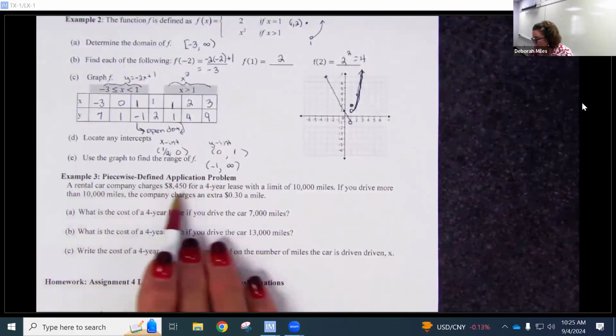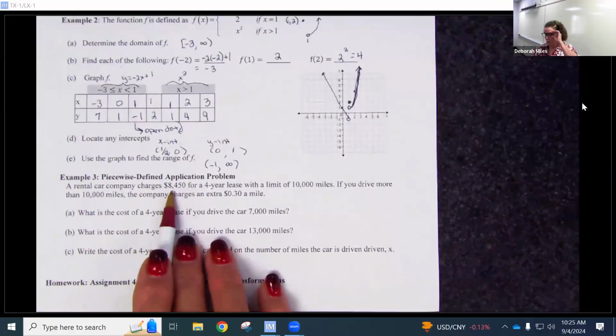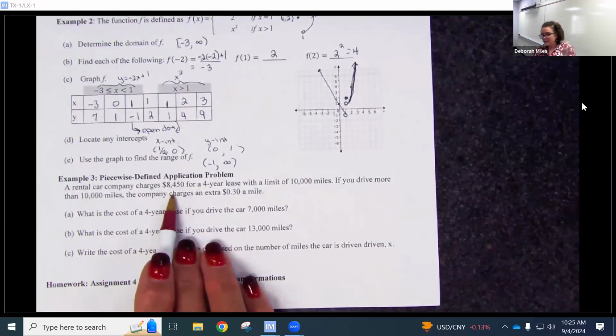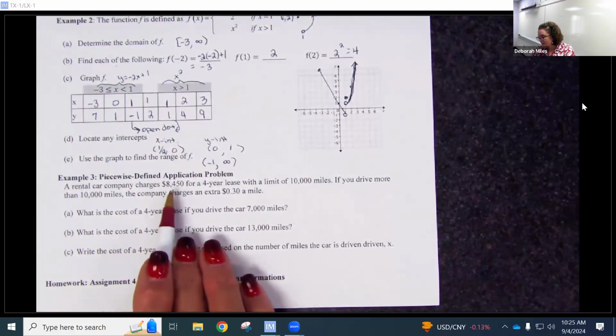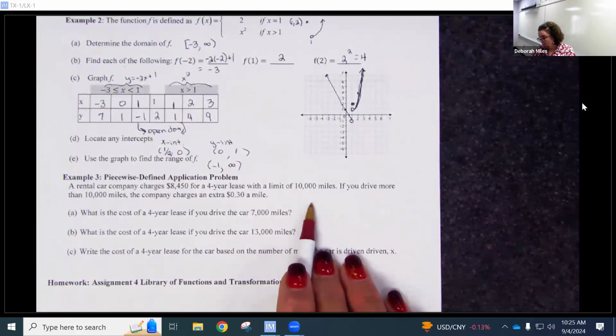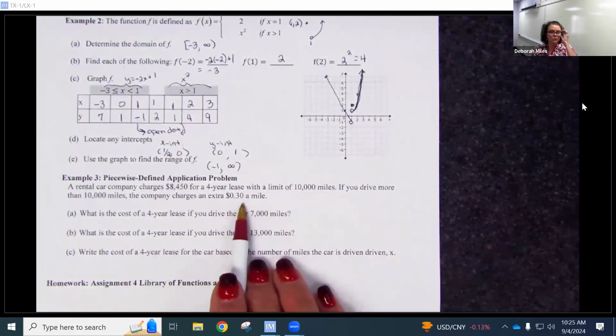The company charges $8,450 just for you to drive it off the lot. That's your basic lease amount. And with that, you get up to 10,000 miles. If you drive more than 10,000 miles, then they start charging you a mileage charge of 30 cents per mile.